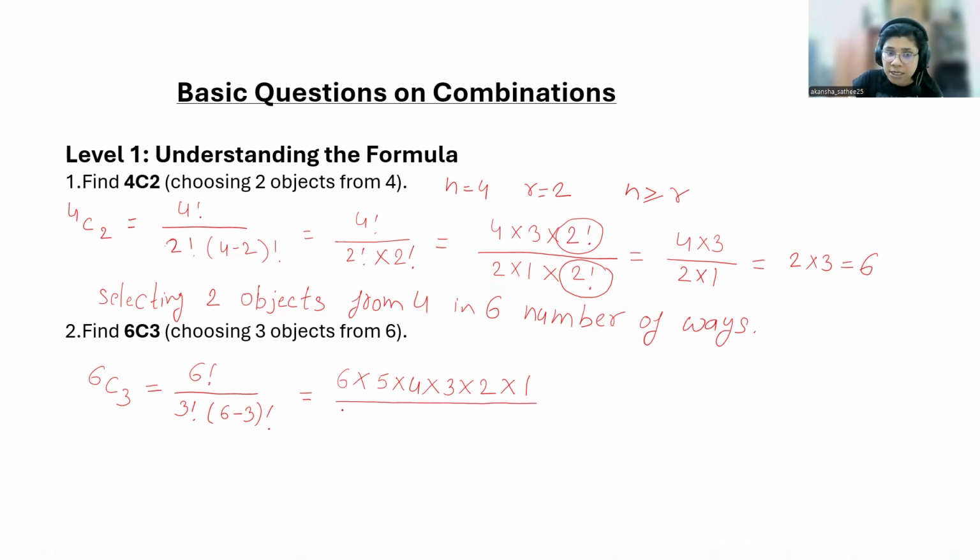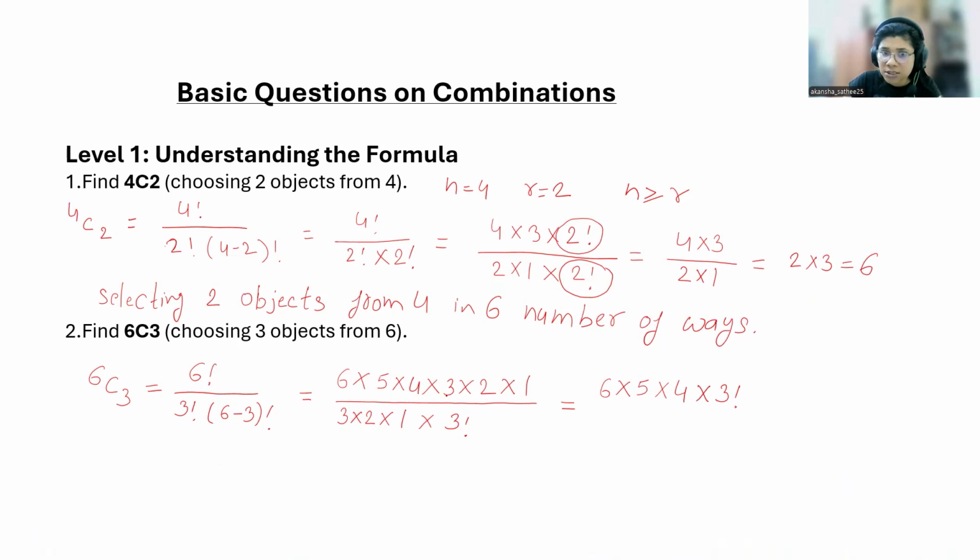Divided by 3 factorial, that is 3 into 2 into 1, and 6 minus 3 is again 3, so 3 factorial. Fine. Can I write this numerator as 6 into 5 into 4 into factorial 3?